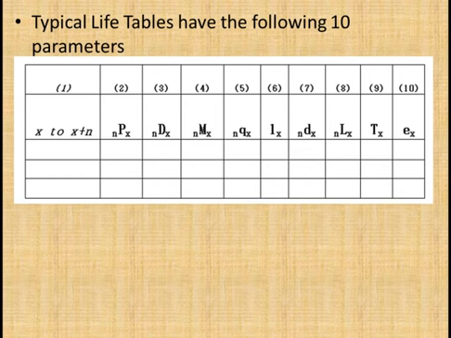Then we have nqx, the proportion alive at the beginning of age x, dying before they reach the next age. It simply gives the probability of dying. Then we have lx.